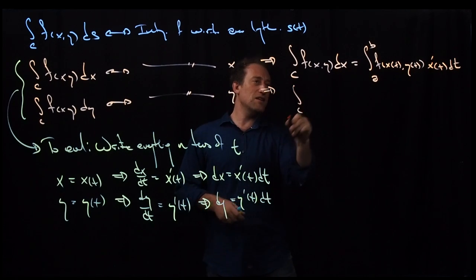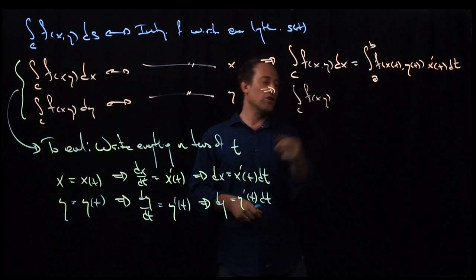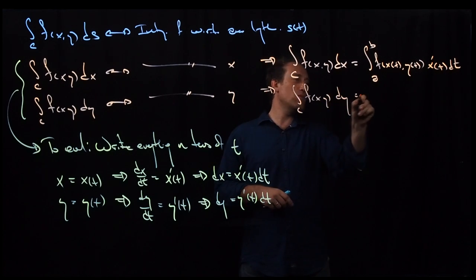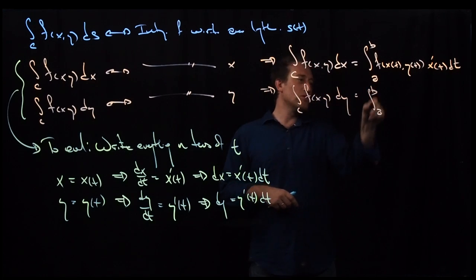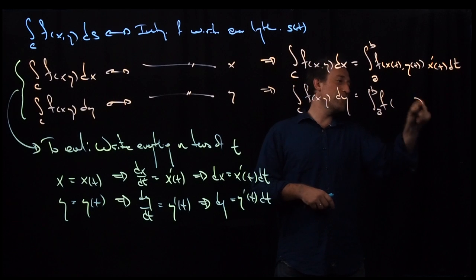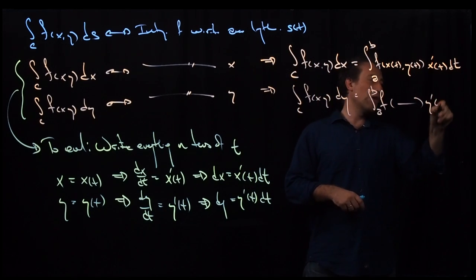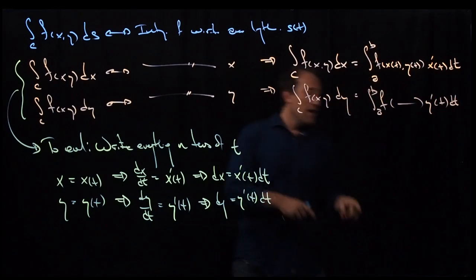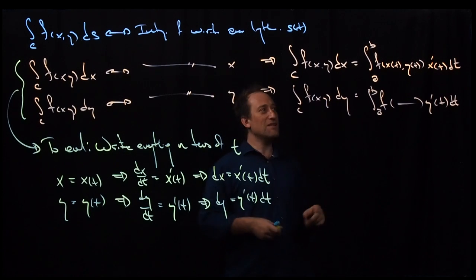Likewise here, the integral along the curve C of f of xy dy will be the integral a to b f of that point, but now a y prime of t dt.